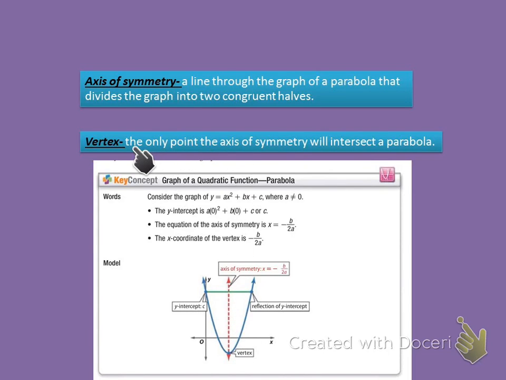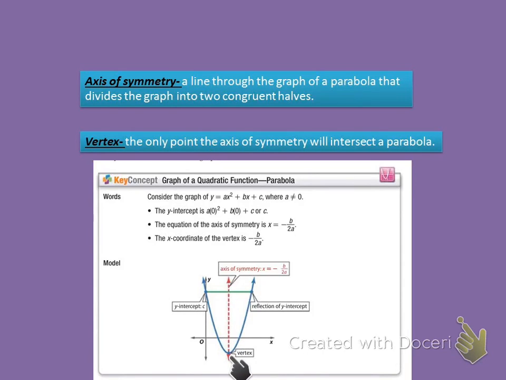The definition of a vertex is the only point the axis of symmetry intersects a parabola. So that means this axis of symmetry will always intersect the parabola at the vertex, which is also the middle. That vertex, when we go to graph these, will be the most important point you look for. It'll be the first point you look for.